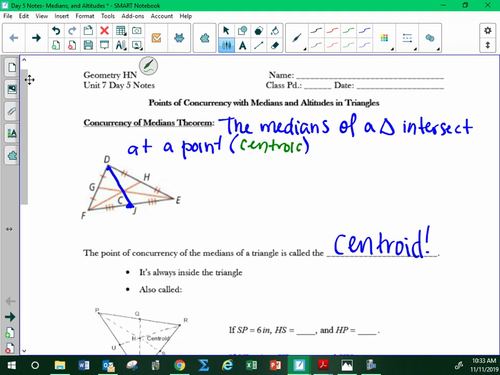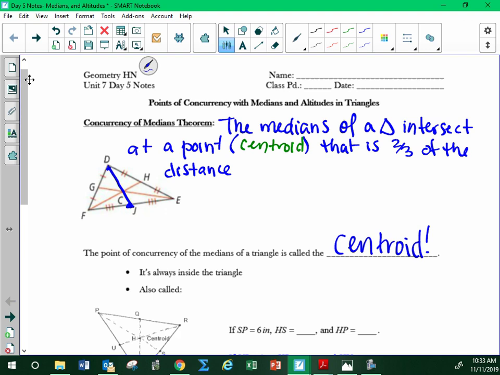It bothers me that the theorems don't actually use the name in it. It just says the medians intersect at a point. But I like for you guys to know it. Okay, the medians of the triangle intersect at a point that is 2/3 of the distance.